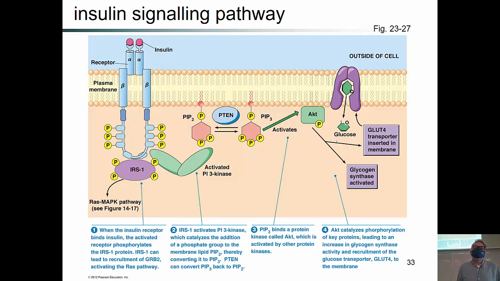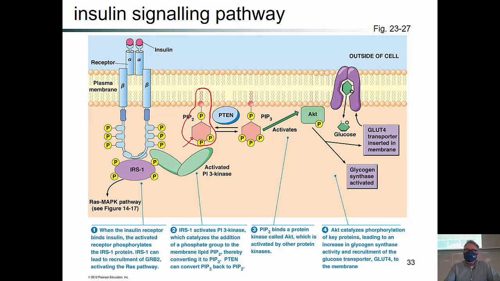Another important pathway that's mediated by insulin is called the PI3 kinase pathway. So this is lipid signaling. Here is our friend phosphatidylinositol 4,5-bisphosphate, sitting in the membrane. It can be phosphorylated at position 3 by an enzyme called PI3 kinase. PI3 kinase is recruited to the membrane, where it can phosphorylate PIP2, when it binds to the receptor tyrosine kinase indirectly.